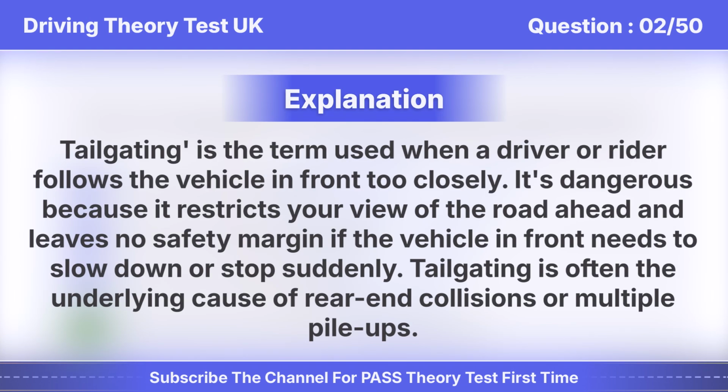Tailgating is the term used when a driver or rider follows the vehicle in front too closely. It's dangerous because it restricts your view of the road ahead and leaves no safety margin if the vehicle in front needs to slow down or stop suddenly. Tailgating is often the underlying cause of rear-end collisions or multiple pile-ups.